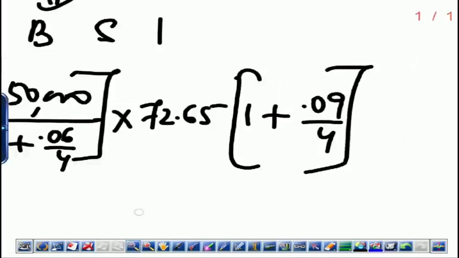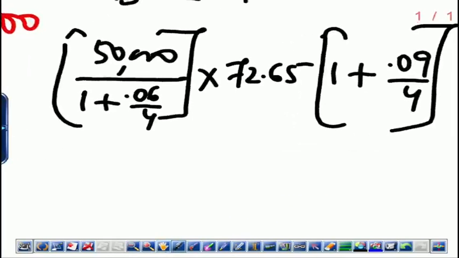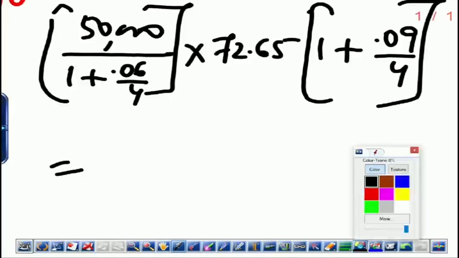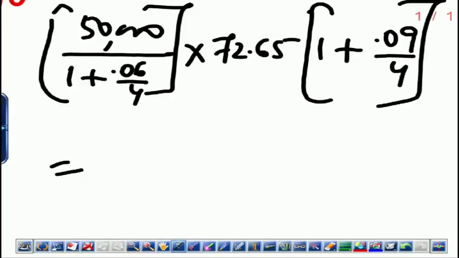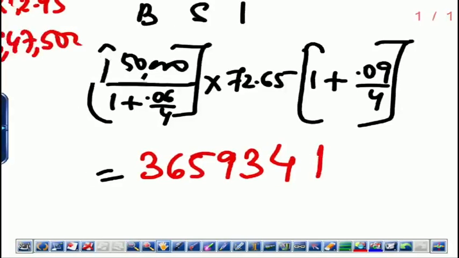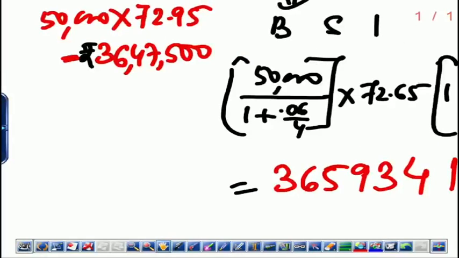Borrow the present value, sell it spot, and then invest. So we are getting a figure equal to 36,59,341 approx, and over here 36,47,500.